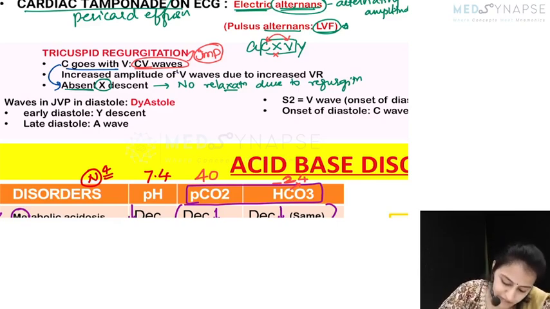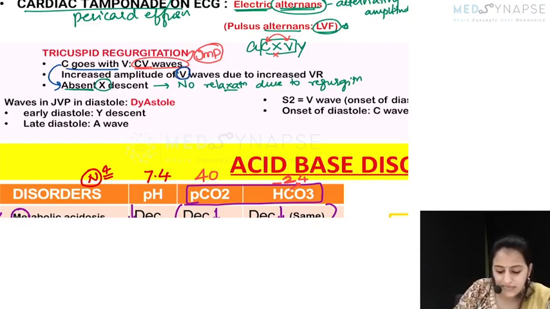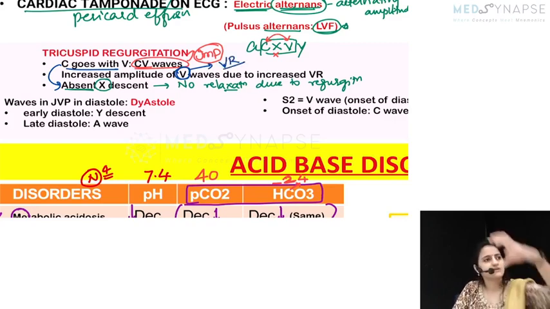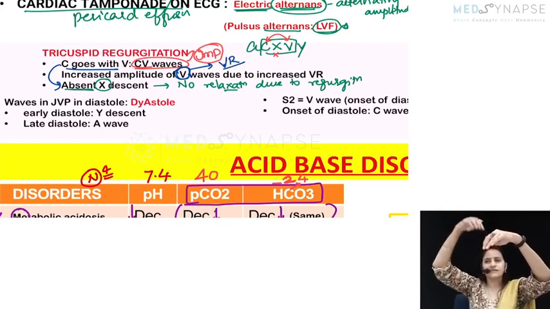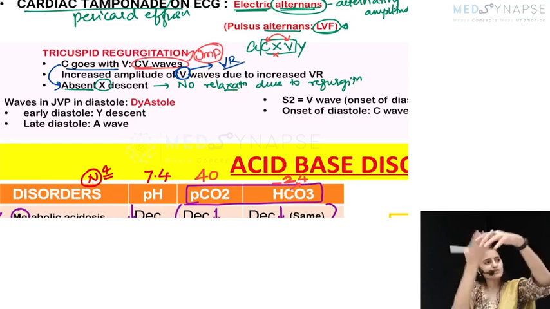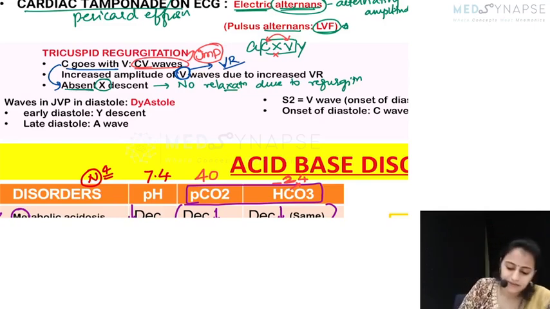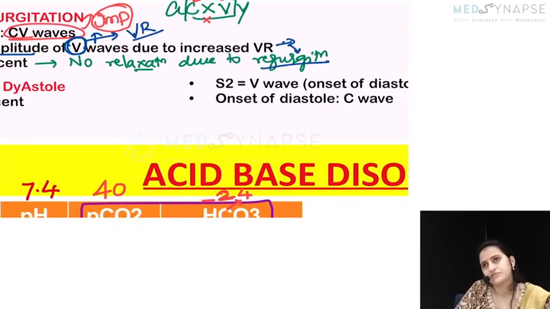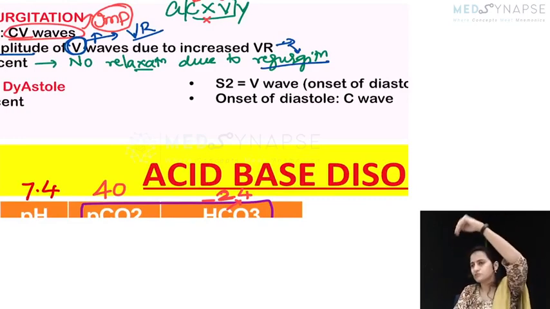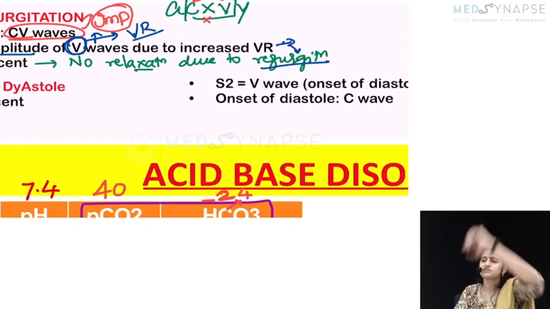What will happen to the V wave? What does the V indicate in JVP? V for venous return. So whatever blood is coming to the right atrium, normally वो vein में से आ रहा है, SVC, IVC. What else is contributing in regurgitation? The tricuspid regurgitation. Right? So remember that the V wave will increase due to increased venous return, basically due to regurgitation. अभी वो SVC, IVC से तो blood आ ही रहा है, साथ में ये regurgitation से भी आ रहा है.